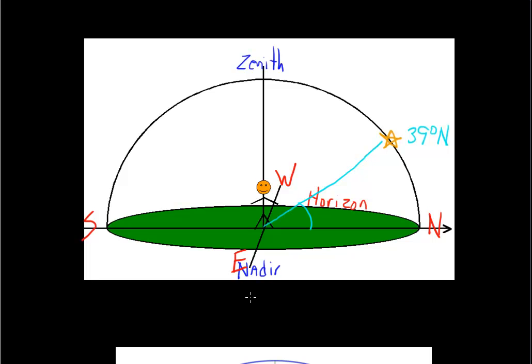When we talk about positioning in the sky, this would be 90 degrees up here. This location would be 0. So if we go up, this is called altitude, going from 0 up to 90.